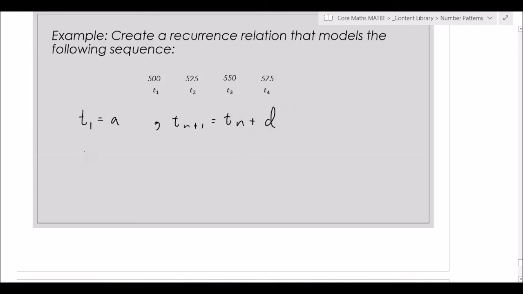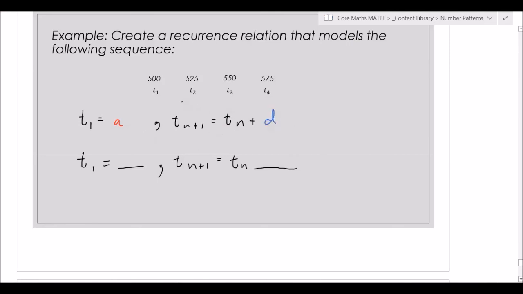So in my formula, we need to write down what is A, the first term, and what is the common difference. We'll leave that blank, whether it's plus or minus. So those are the two things you need to write down: A, your first term, and D, your common difference.